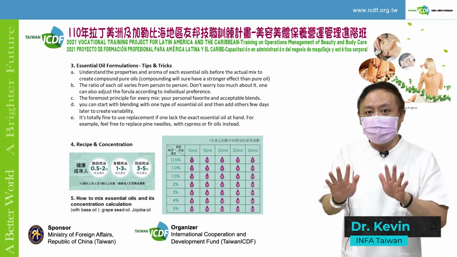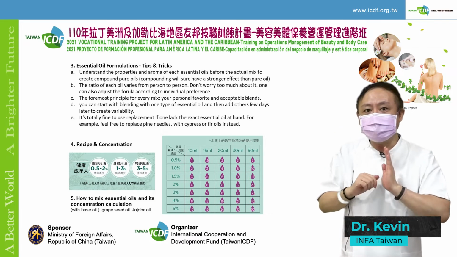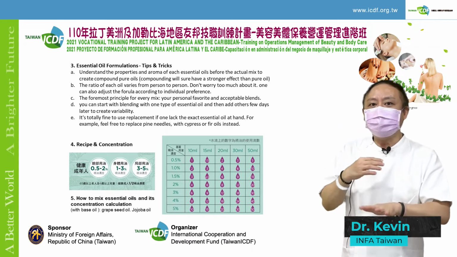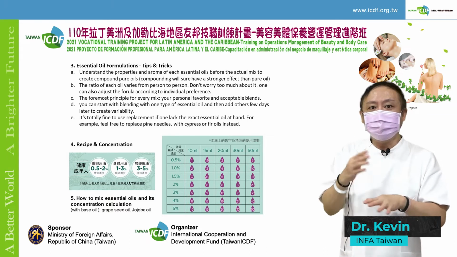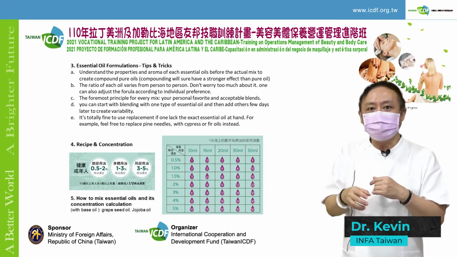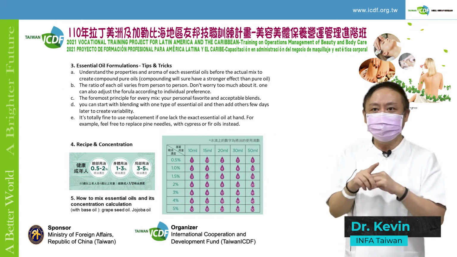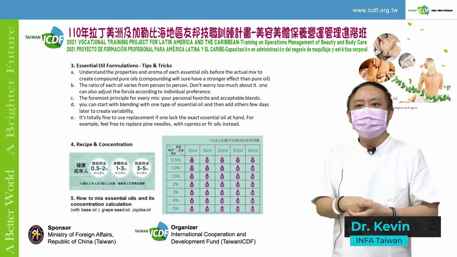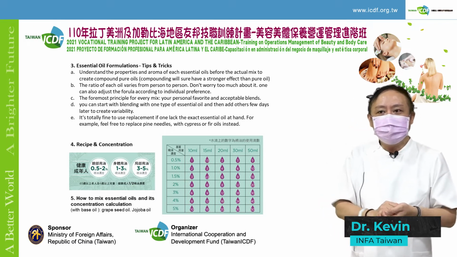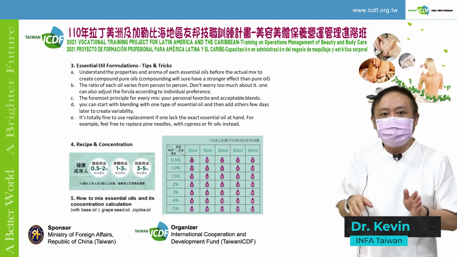So for the concentration, what you have to pay attention to is that for older elderly people and younger children, you need to use only half the amount of essential oil. Also pay extra caution to pregnant women. And then for topical use, your body and your face have different concentrations.